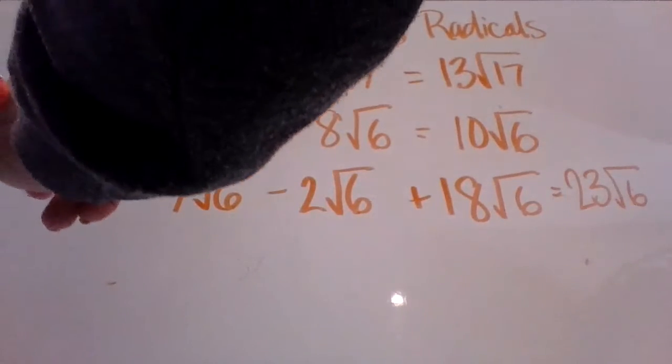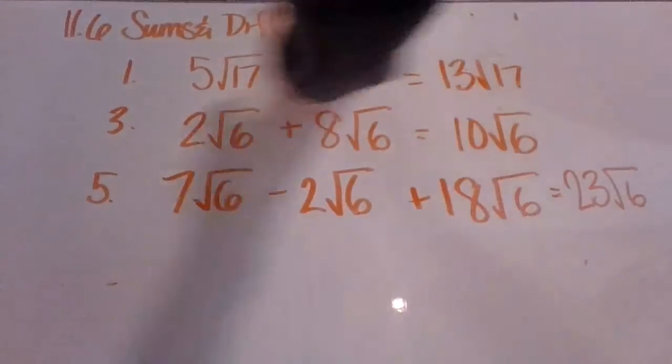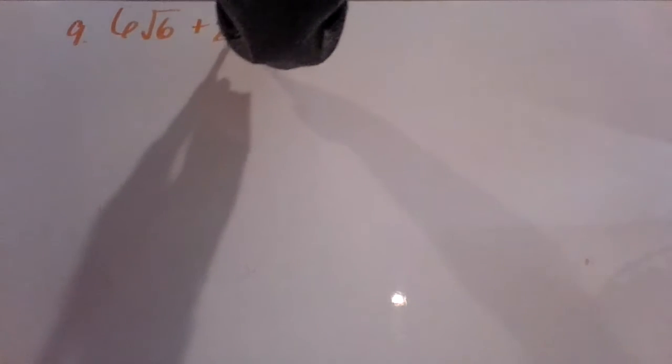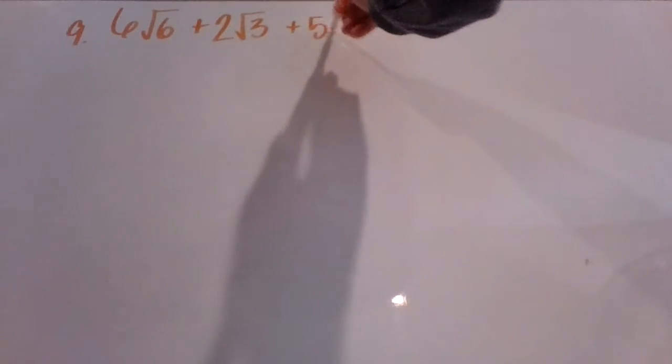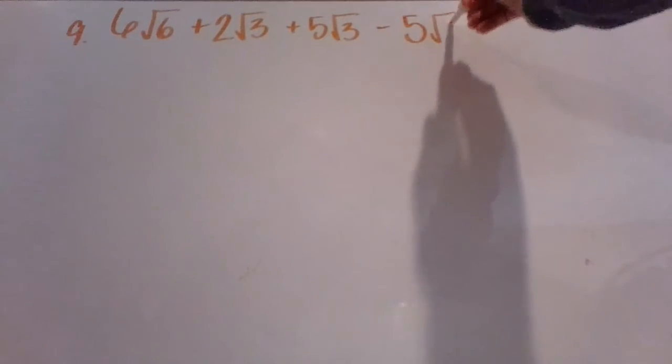Number 7. Actually, we can skip. Let's go to number 9. This is a good one. Let's start at the top. Number 9 is 6 square root 6 plus 2 square root 3 plus 5 square root 3 minus 5 square root 6.